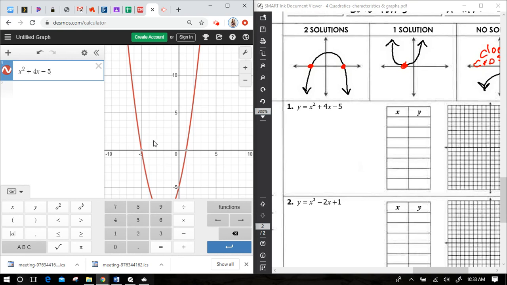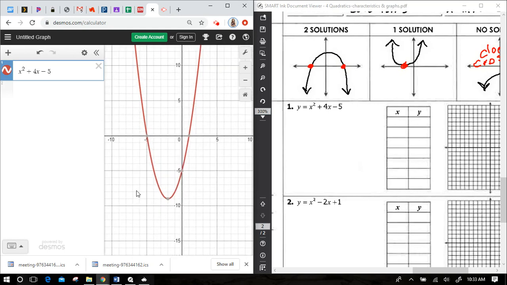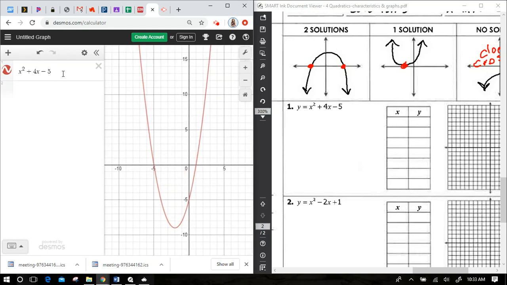Okay. And I'm going to zoom out a little bit. If I am clicked on my function, my red function here, I can identify some really important parts just by looking at this. If you hold your mouse over it, these little points highlight for you.